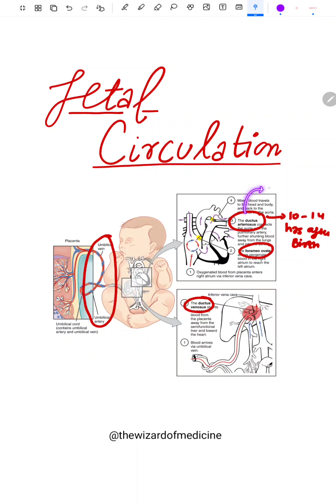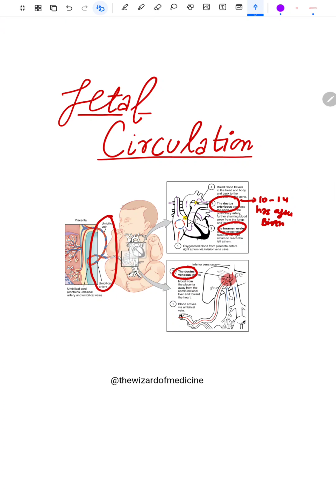And the ductus arteriosus will close by 10 to 21 days after birth. Henceforth, what do we interpret? That the last structure to close anatomically is the foramen ovale, that is by 3 months. But the last structure to close functionally is the ductus arteriosus, that is 10 to 14 hours after birth. I hope you are clear.